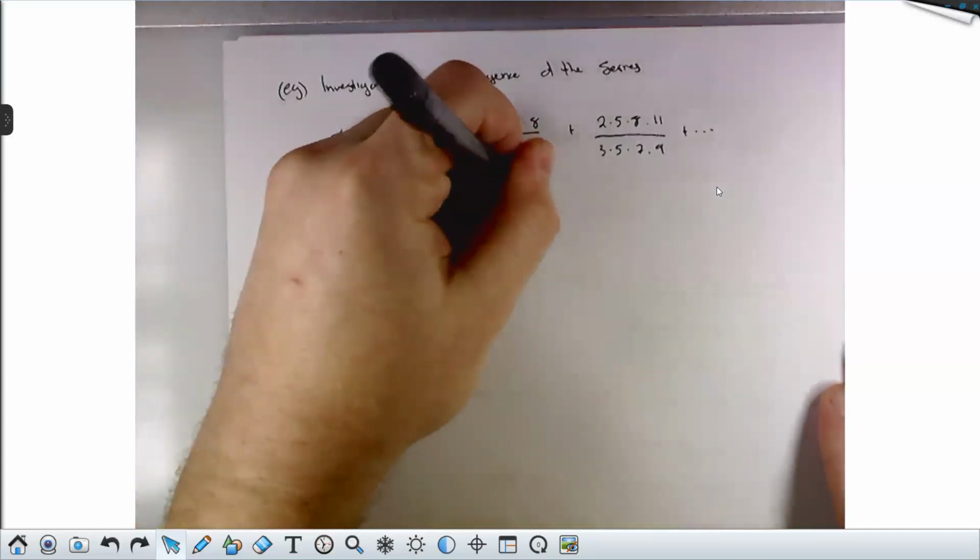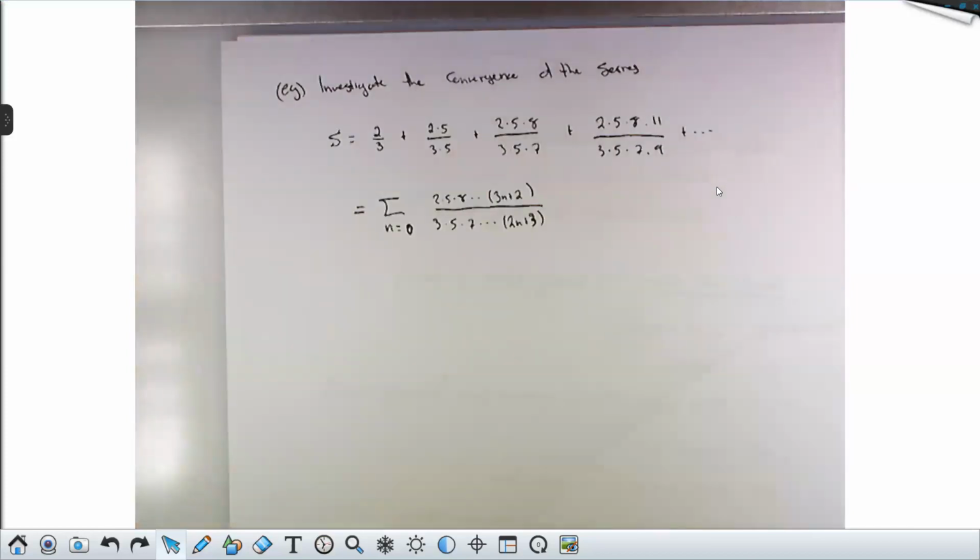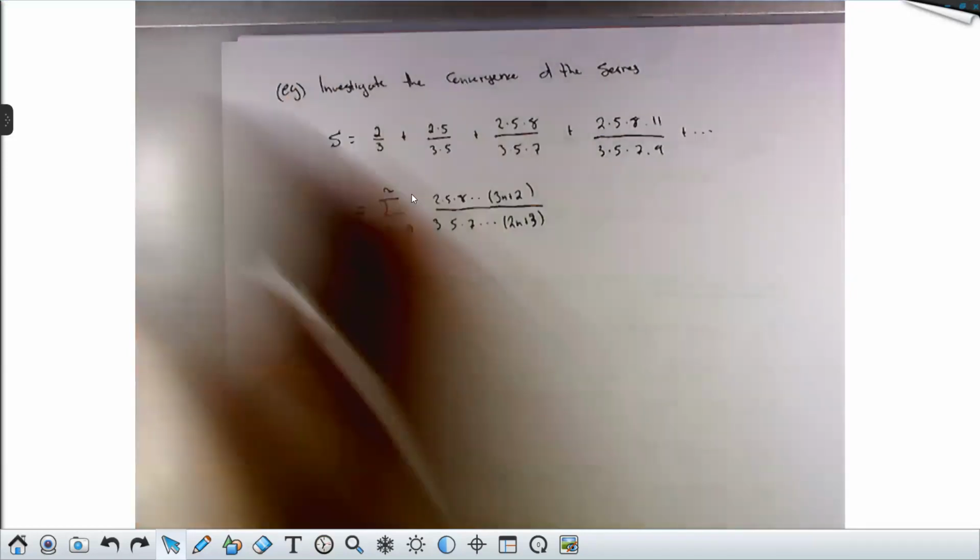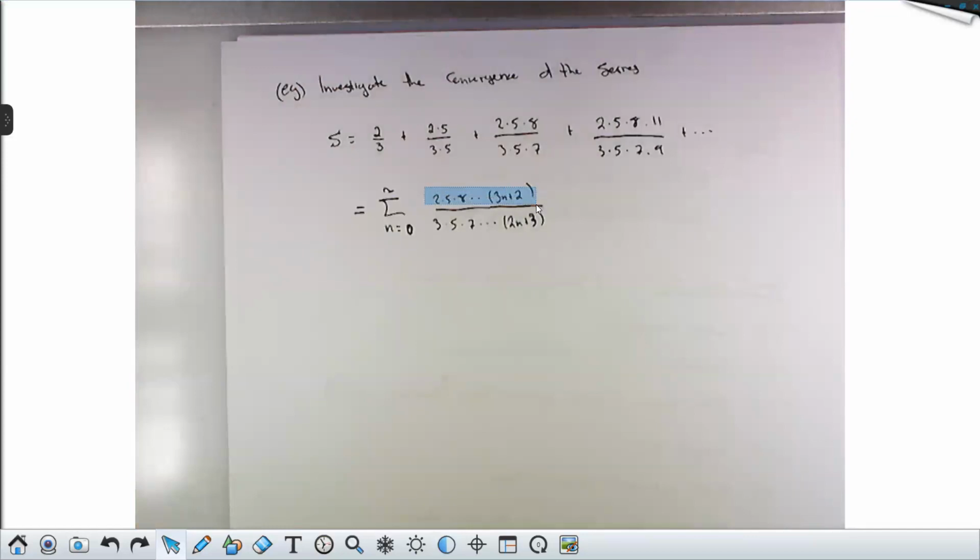So understanding products of this sort, factorial-like products, is a challenge on its own. But you see, if you plug in n equals 0 here, this would say multiply all the numbers of the form 3n plus 2 up till n is 0. And that's just 2. And this would say multiply all the numbers of the form 2n plus 3, but with n equals 0, that's just up to 3. So the first term would be 2/3. And then when n is 1, you would have two numbers of the form 3n plus 2 between 0 and 1.